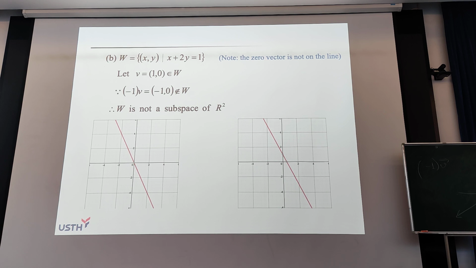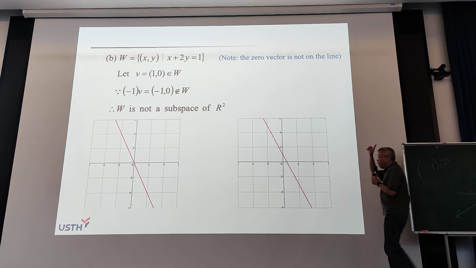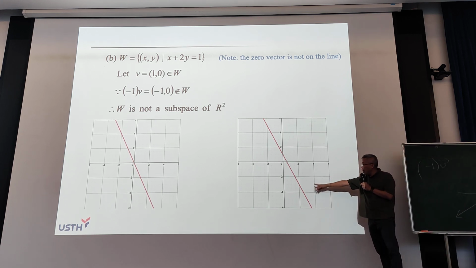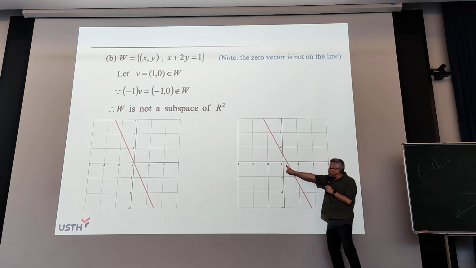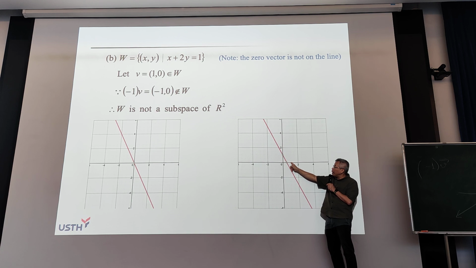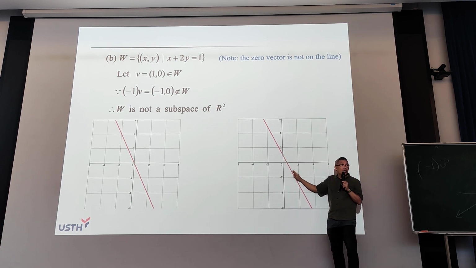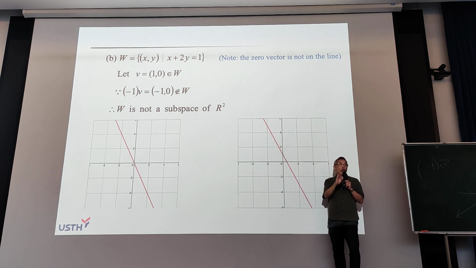And how you can see it is very easy for you. That one is not a vector space. Why? Because if you take that vector and multiply it by 2, you get that one, and that one no longer lies on the red line. So property number 6 is not satisfied.